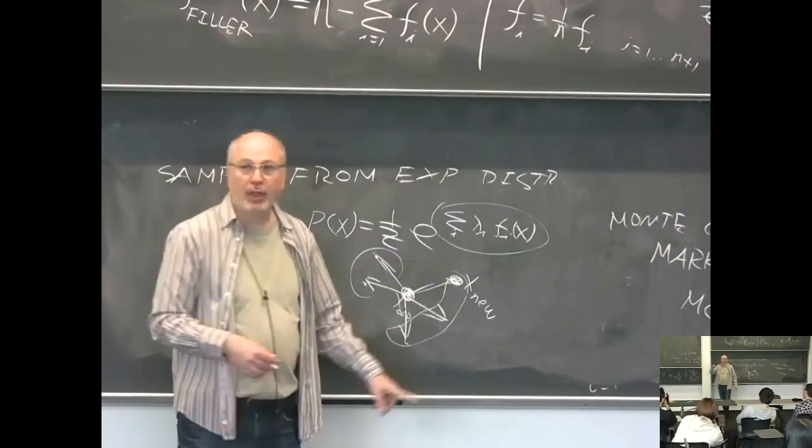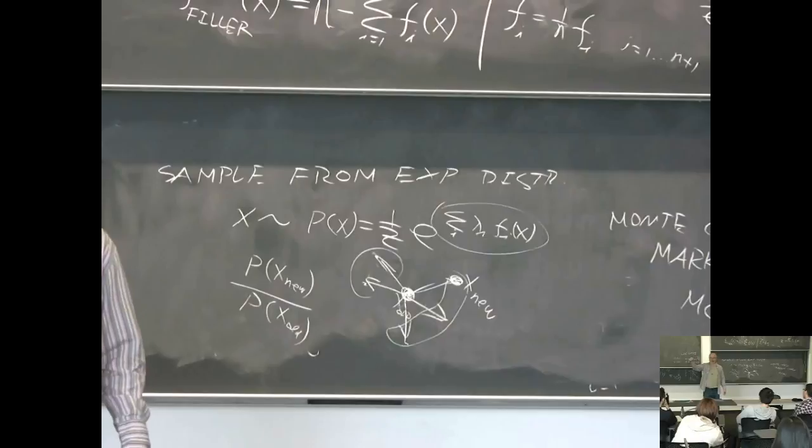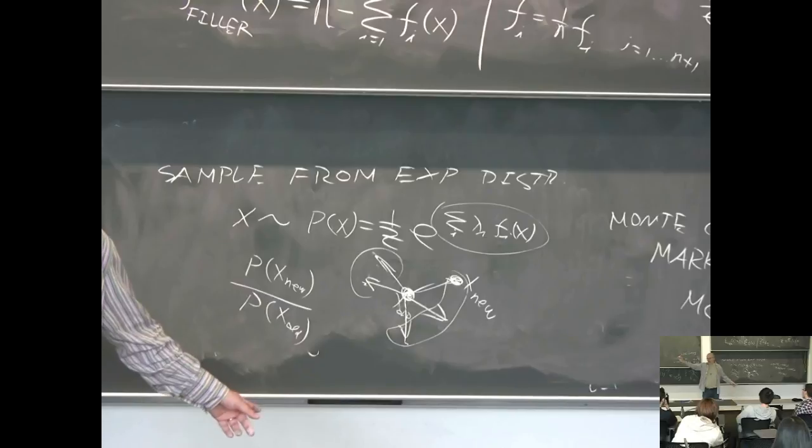And if you do these walks, you're creating a chain, a Markov chain. And the theory says that in the limit, as the chain gets long and long and long, the point that you get, a single point, is a proper sample from this distribution. Now, the limit thing is kind of funny because you can't wait forever.